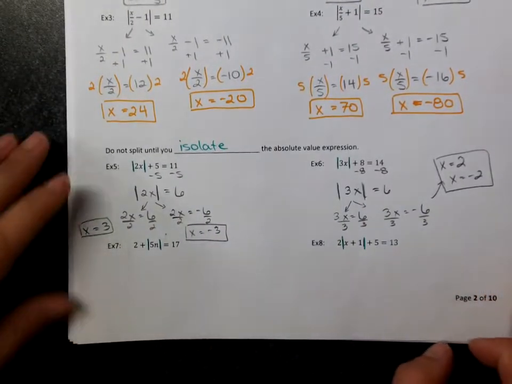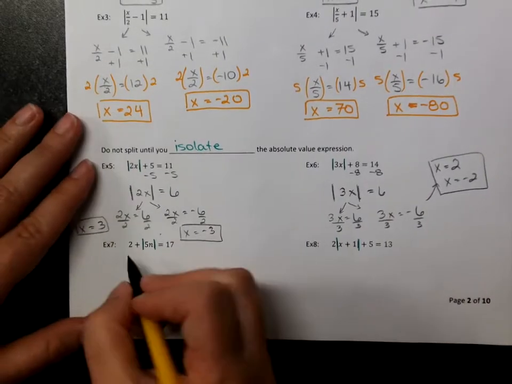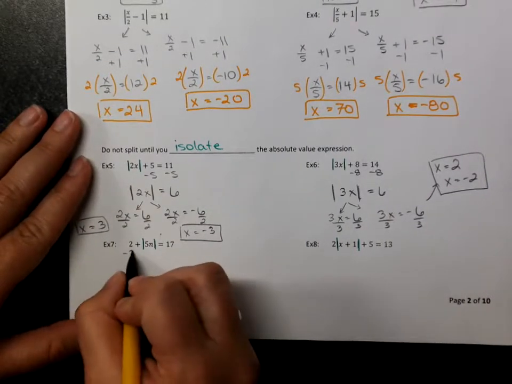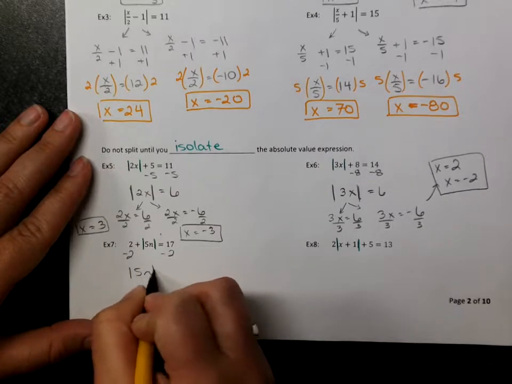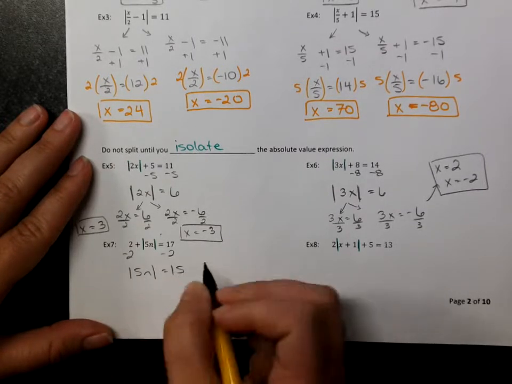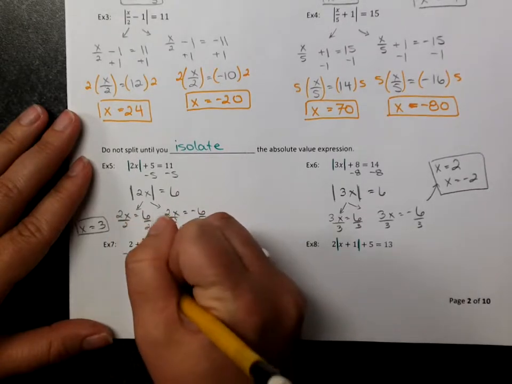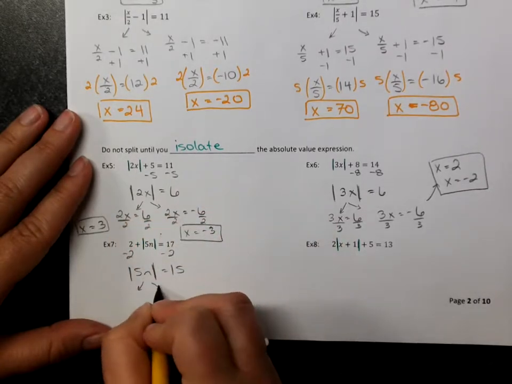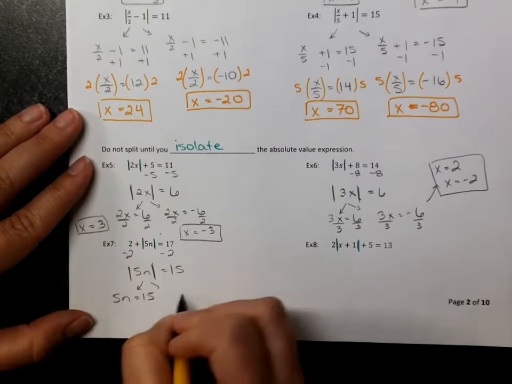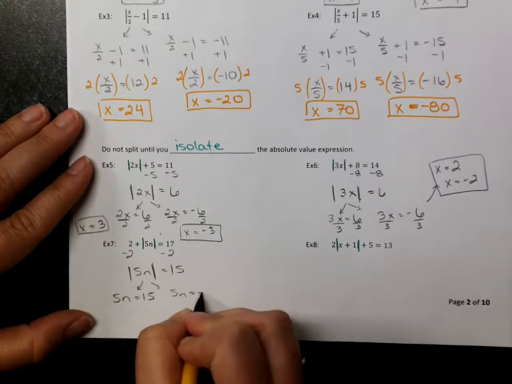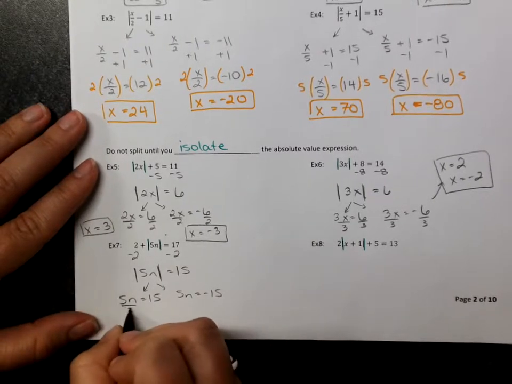On example 7, it looks trickier, but it's just the 2 on the outside. We need to move it to the other side. Absolute value of 5n equals 15. Once you have that absolute value expression isolated, then you split. 5n equals 15, or 5n equals negative 15.